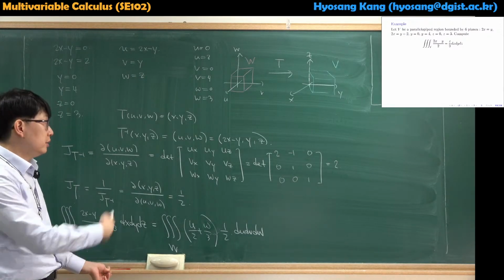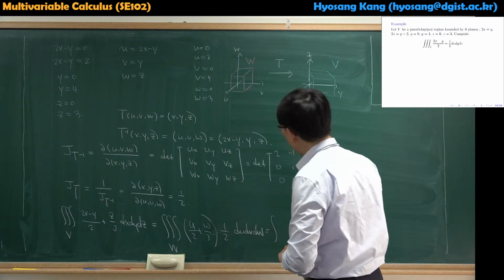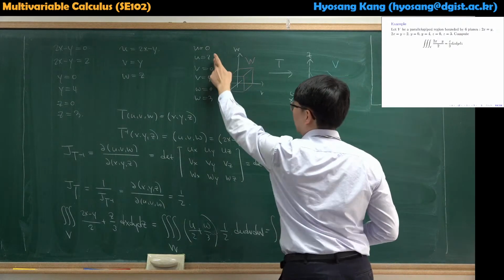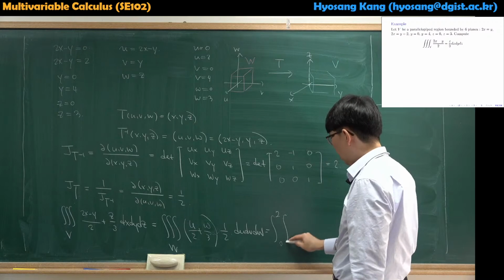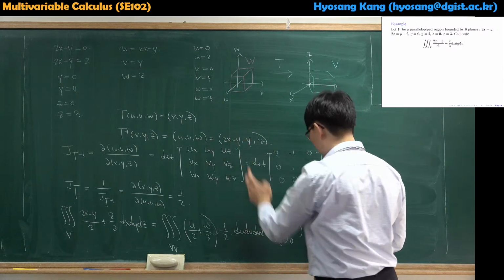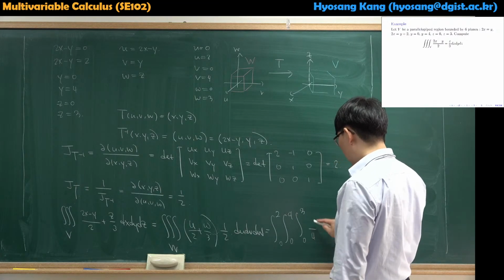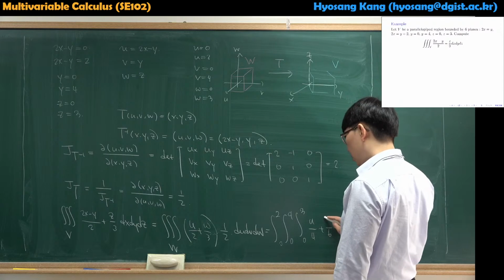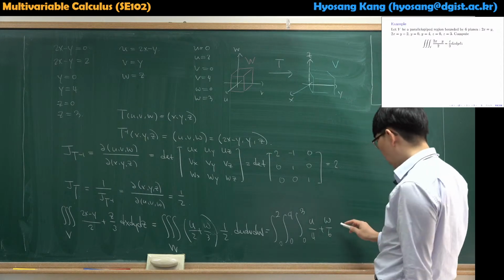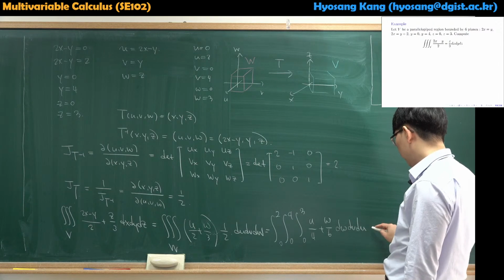From now on, it's just a matter of Fubini's theorem. So u is from 0 to 2, v is from 0 to 4, and w is from 0 to 3. And that's u over 4 plus w over 6, dw dv du.